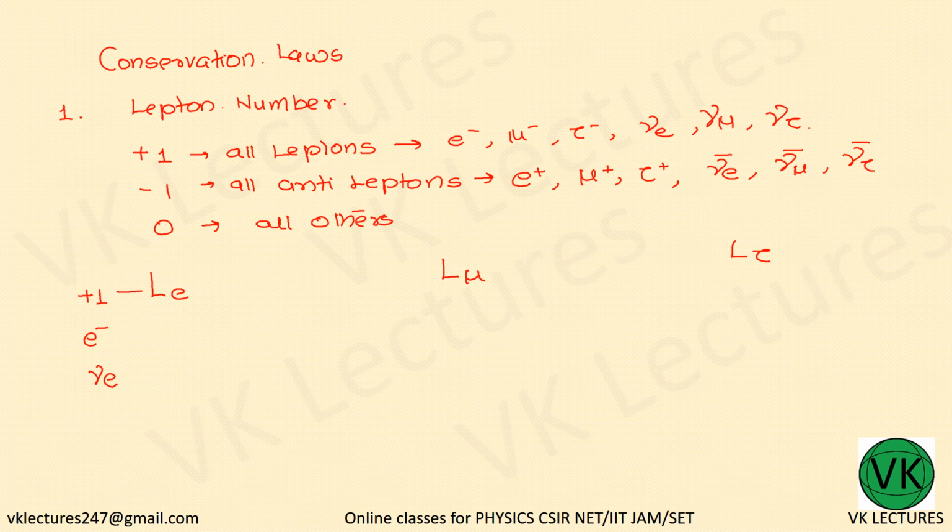This is for +1 and -1 for its positron and nu e bar. For both positron and nu e bar, L_e is -1. L_mu, that is the lepton number for mu. Here also you have +1. Here you have -1.